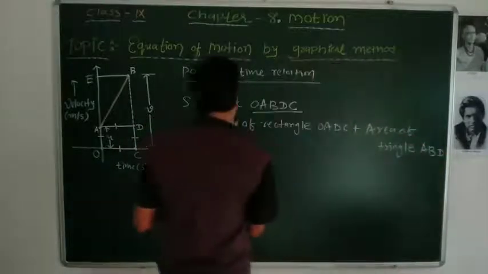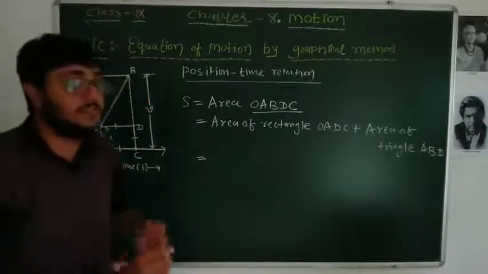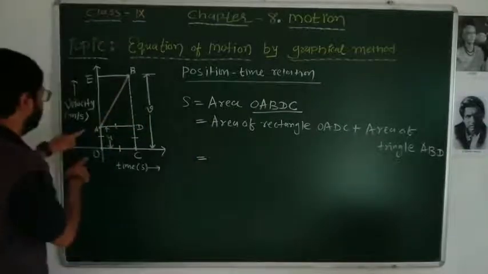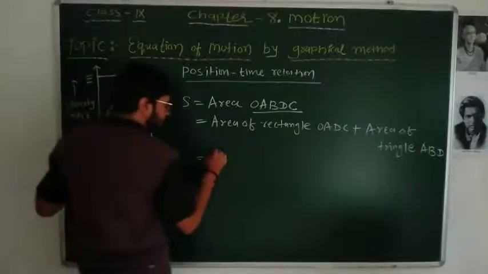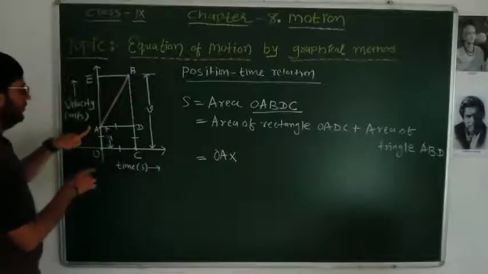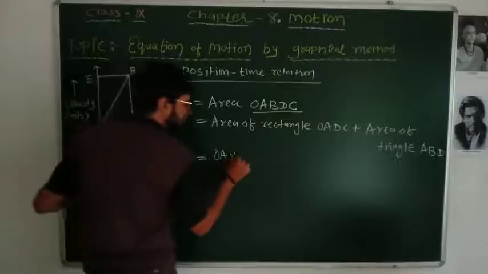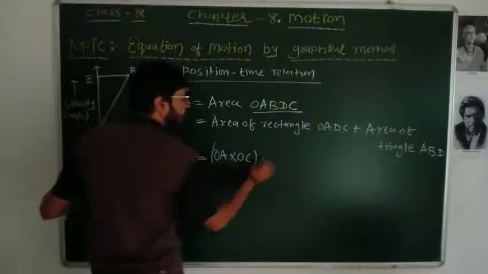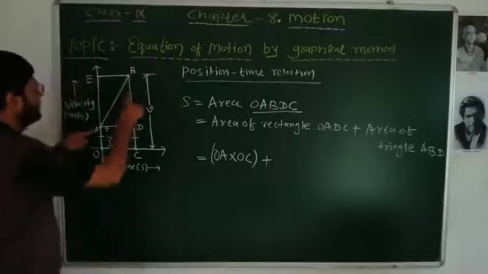We know the formula for the area of the rectangle, that is length into breadth. So here the length of this rectangle, that is OA, multiplied by the breadth of this rectangle, that is OC, plus the area of triangle ABD.